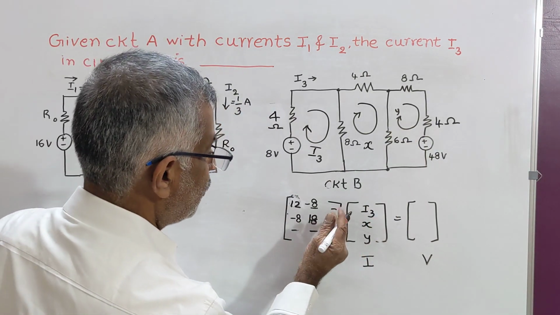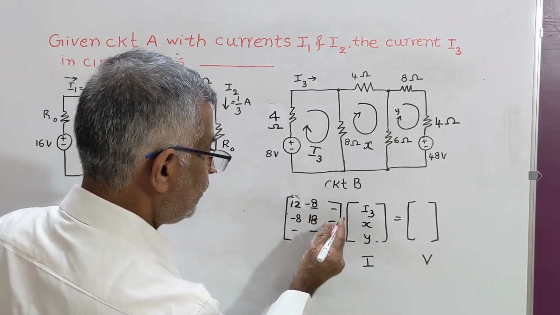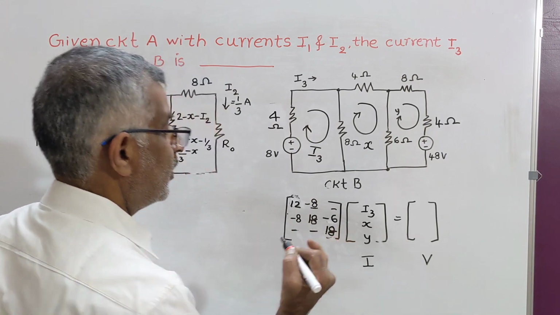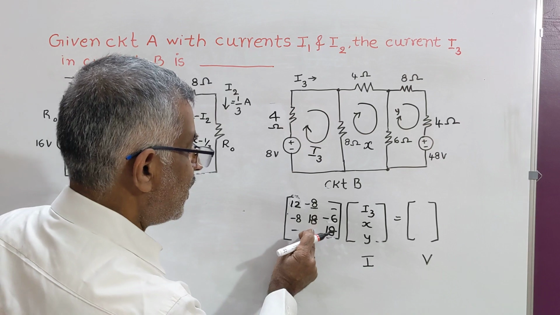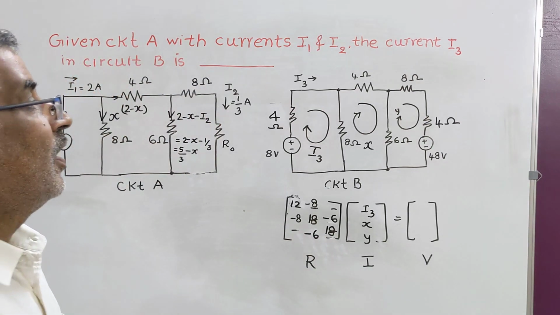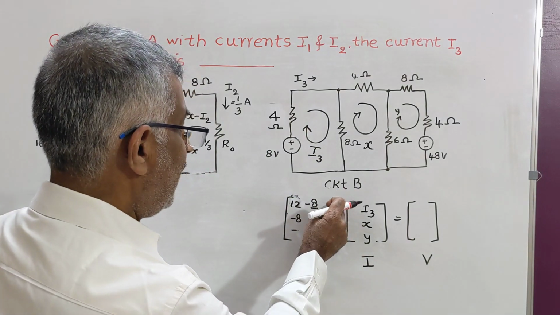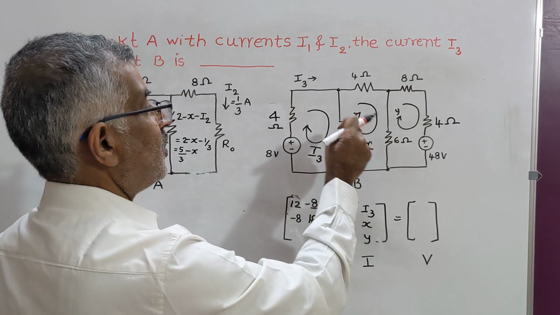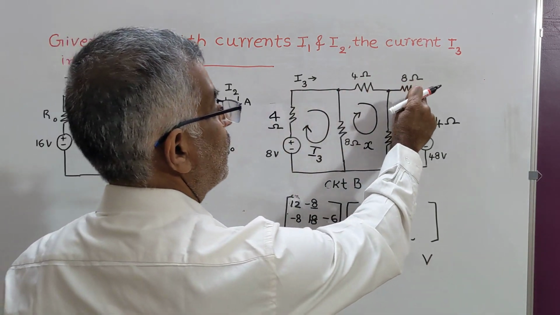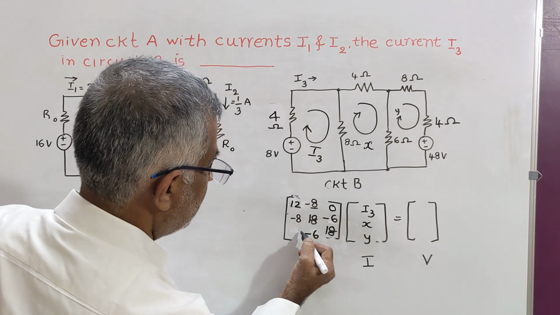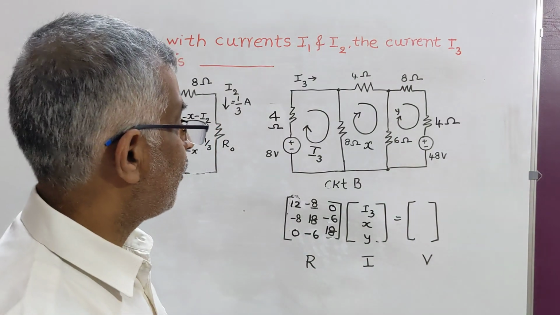So take this as minus 6 and also this as minus 6. And next, to fill these two, resistance common to mesh 1 and mesh 3: no resistance common. Therefore, 0, 0.